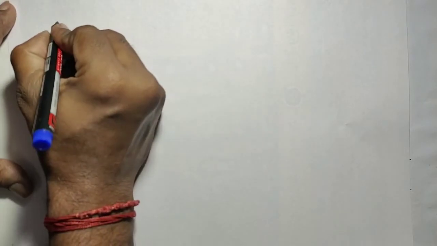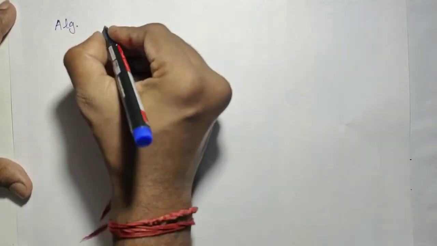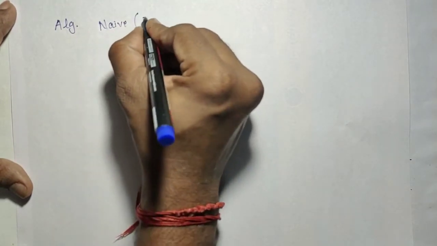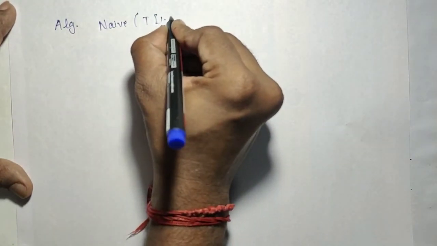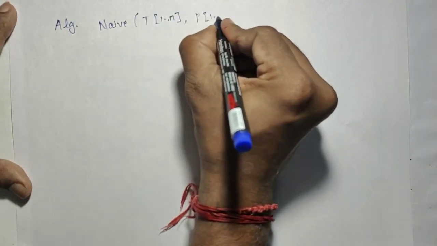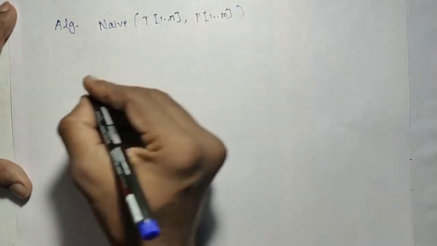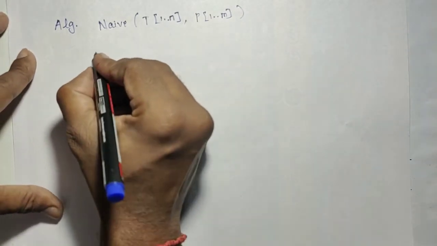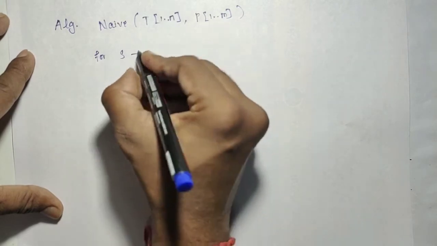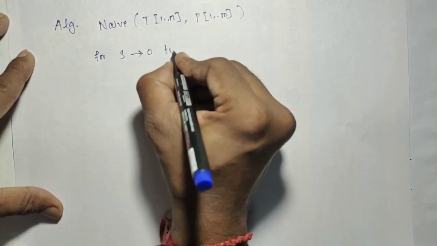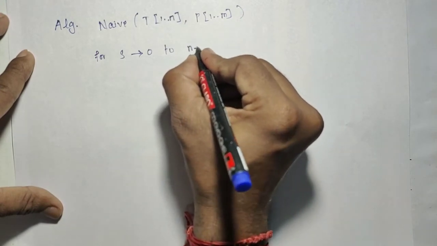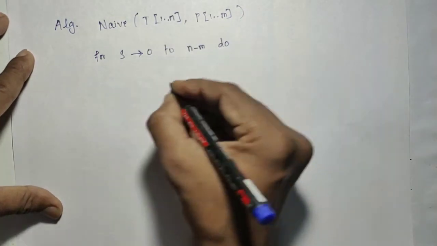Now start the algorithm. Naive string matching algorithm. T of 1 to n, P of 1 to m. So I need to start the iteration for s equal to 0 to n minus m. Do the following.